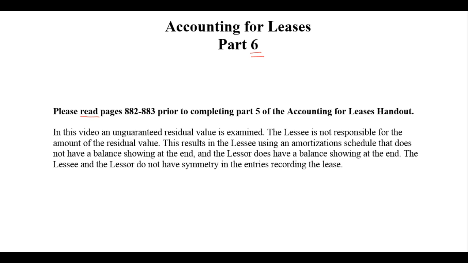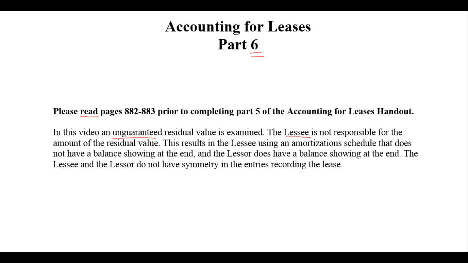In this section of our continuation of leases, I would like to talk about unguaranteed residual values. That means that there is a residual value written into the lease, but the lessee is not responsible for the amount of that residual value.